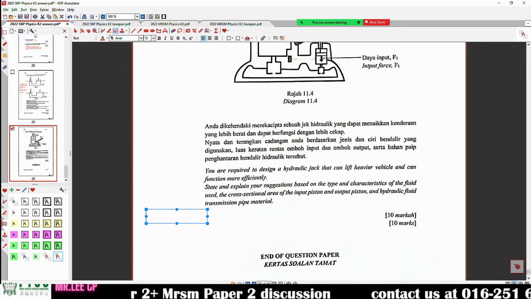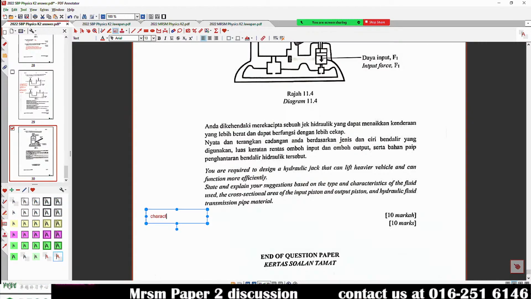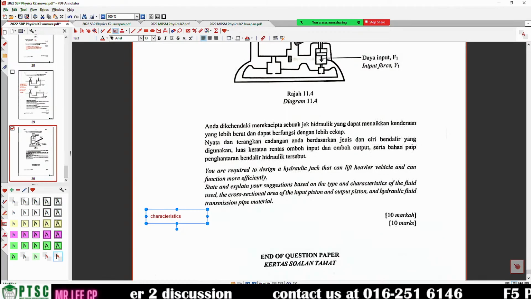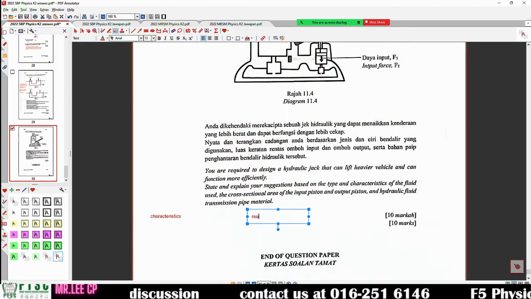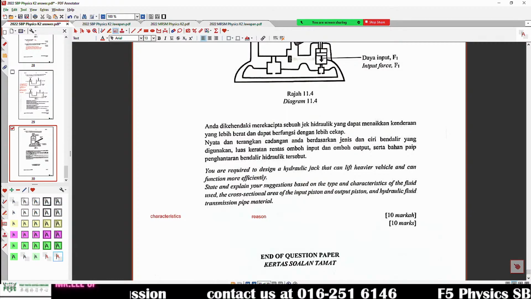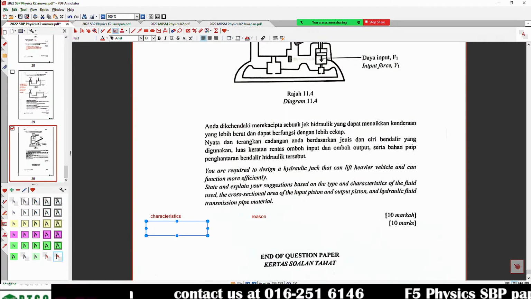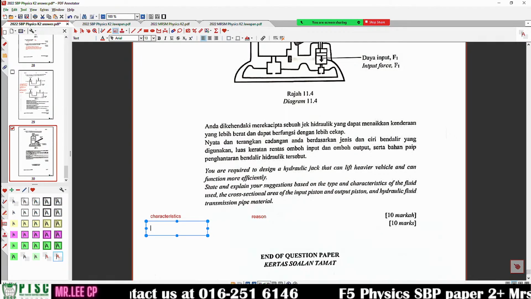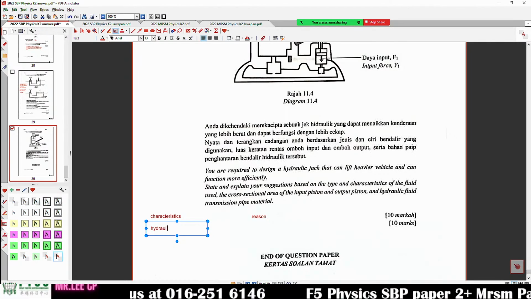Write the characteristics and reasons also. First one, type of the fluid used: hydraulic fluid.